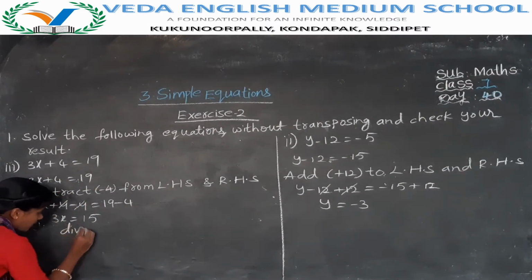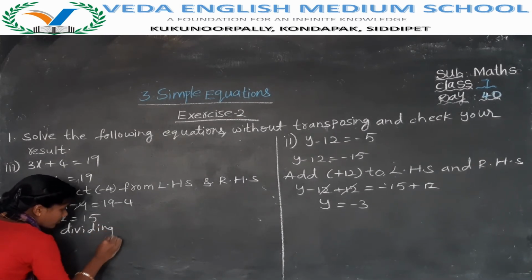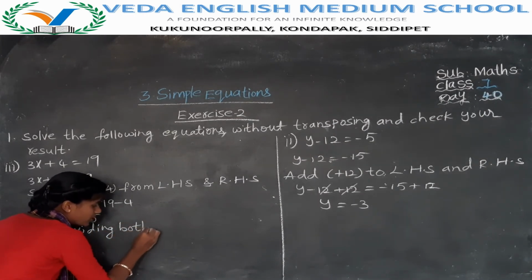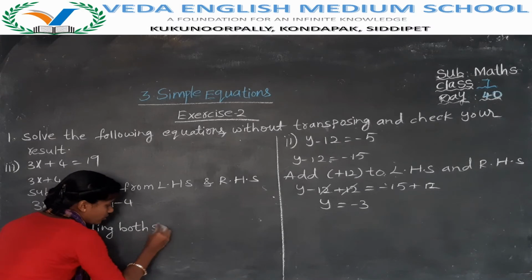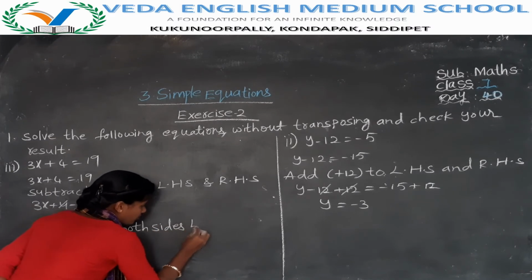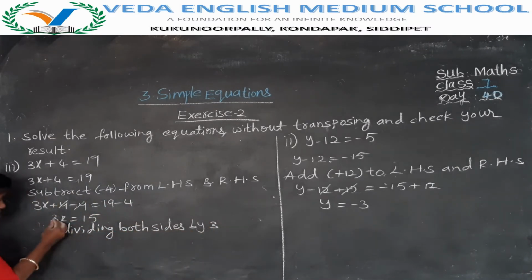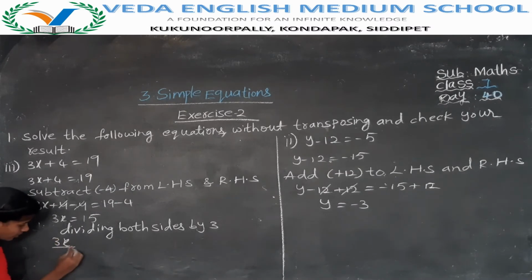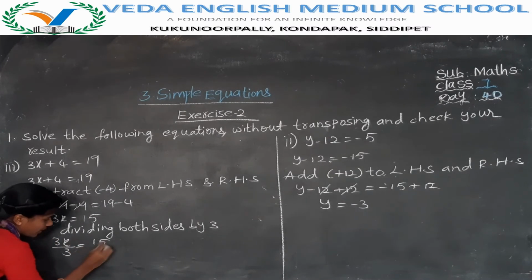Dividing both sides by 3. Both means two sides, LHS and RHS side. Now divide. Divide means 3x by 3 is equal to 15 by 3.